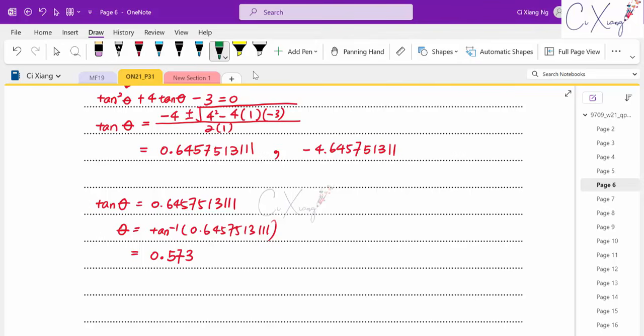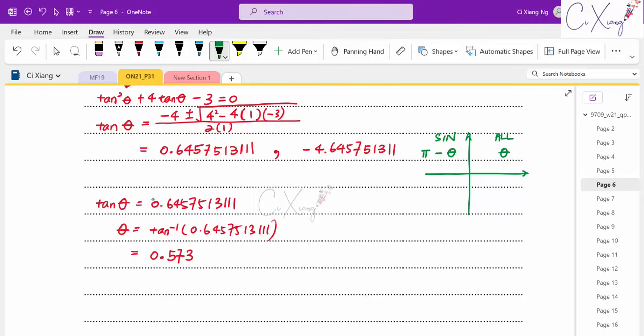Okay, then again, to find the answer of theta in different quadrants: in the first quadrant, everything is positive. In the second quadrant, only sine is positive. To get the answer from the first quadrant, you take the basic angle. To get the answer from the second quadrant, you have to take pi minus the basic angle. So my basic angle for this one is 0.573. Then I want to decide from which quadrant I need to consider the answer.